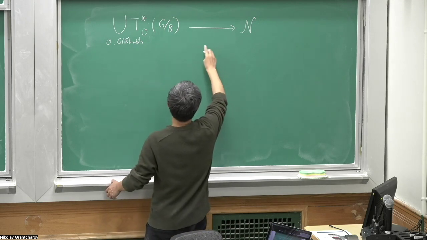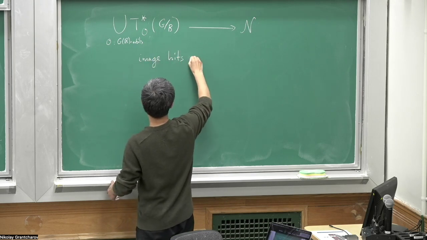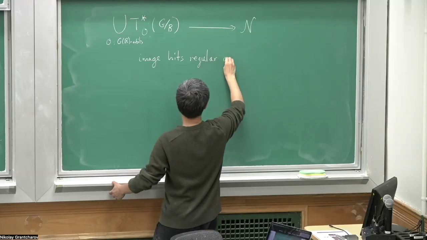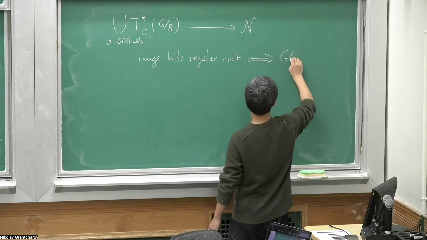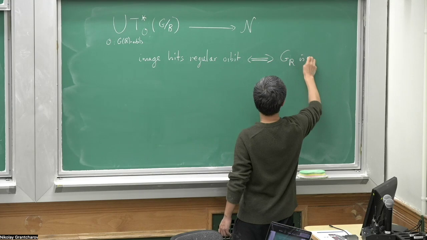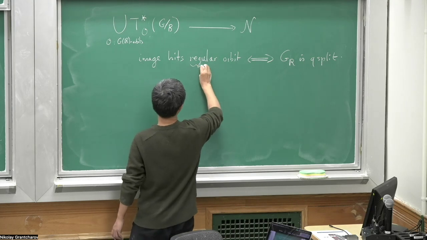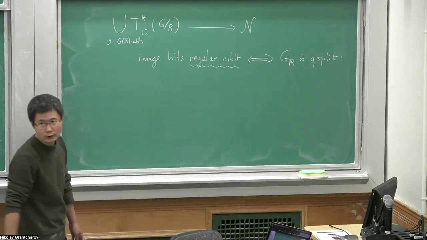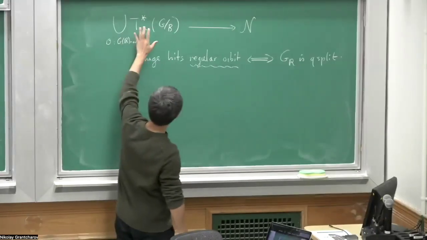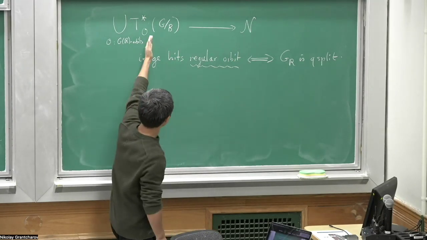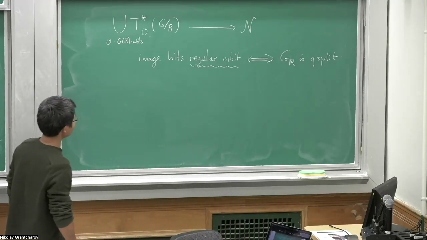And this image hits a regular orbit, the regular nilpotent. This happens if and only if the group is split. And this is really the property we need. As to this microlocal picture, we want this covector, when you map it to the Lie algebra, to be a regular nilpotent.